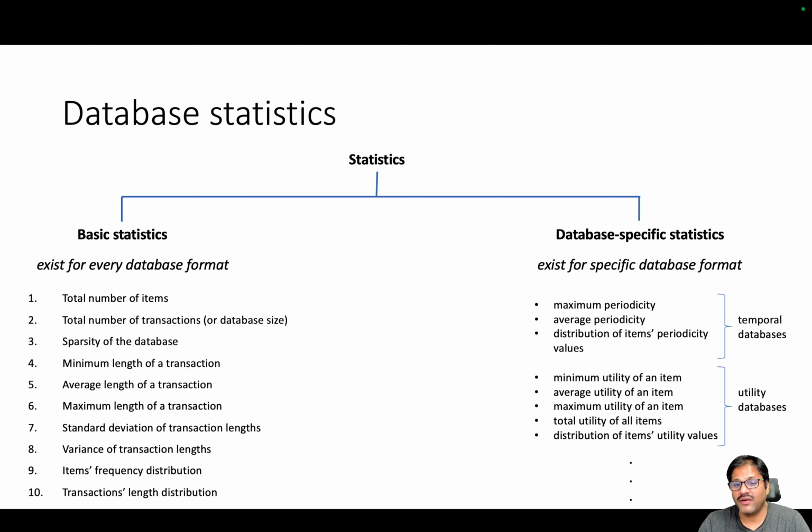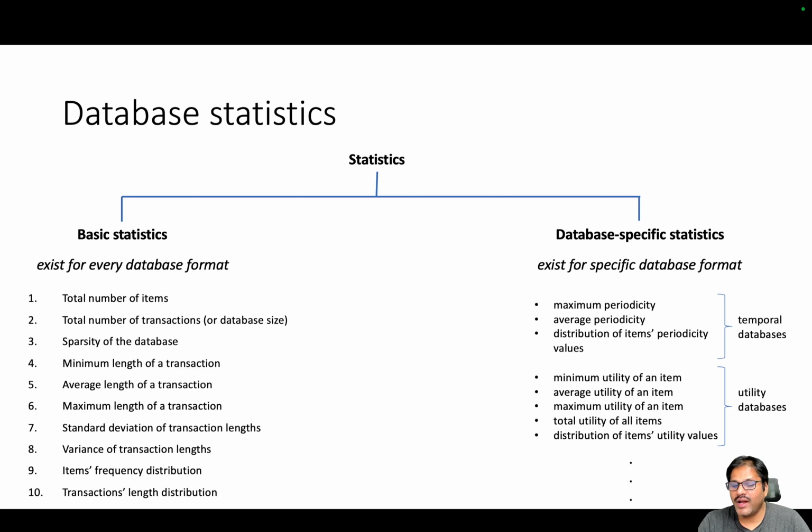For example, every dataset will have the total number of items, total number of transactions, the sparsity of the data, and so on and so forth.